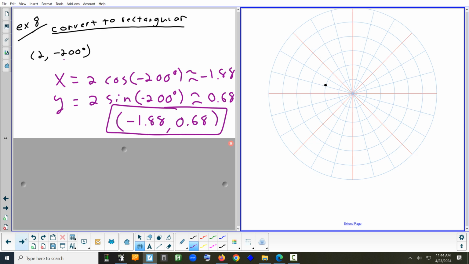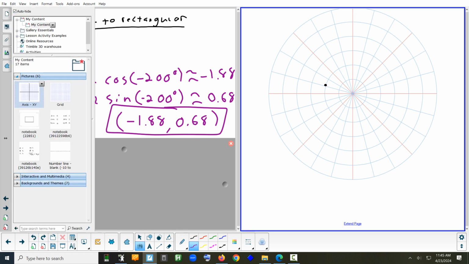All right. So what I did is I graphed on the right 2, negative 200. I went right 2, and then I rotated 200 degrees clockwise. Halfway around is 180. If I go to the first line, that's another 15. That's 195. And then I just went a little bit past it. Okay? So does everyone agree that that point is correctly graphed? All right.